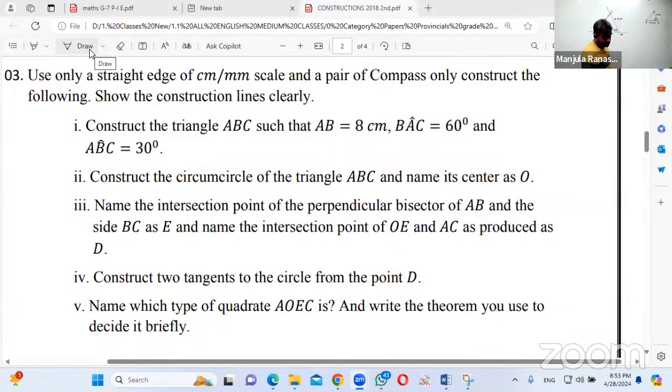If you draw a sketch, it gives you AB 8 centimeters, and BAC 60 degrees, with C located here, and ABC 30 degrees. So likewise the ABC triangle is sketched.